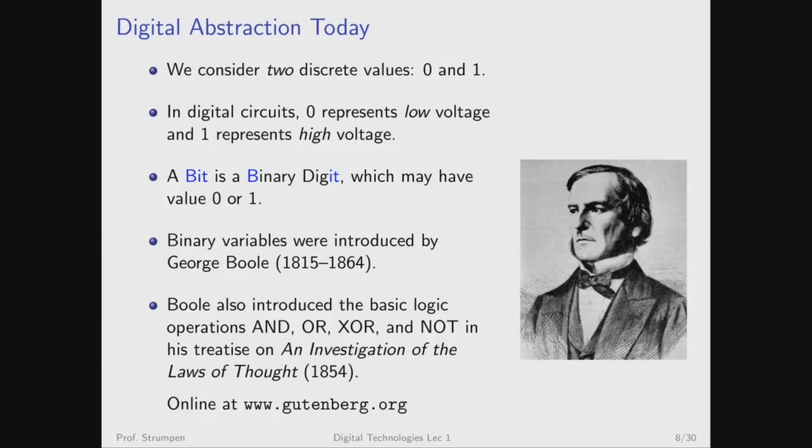And a bit is a binary digit, the analogon of a decimal digit, which may have one of two values, 0 or 1. Now, to manipulate bits in a mathematical formalism, George Boole, whose portrait is shown on the right, introduced what's now known as binary variables. And he also introduced the basic logic operations: AND, OR, XOR, NOT.